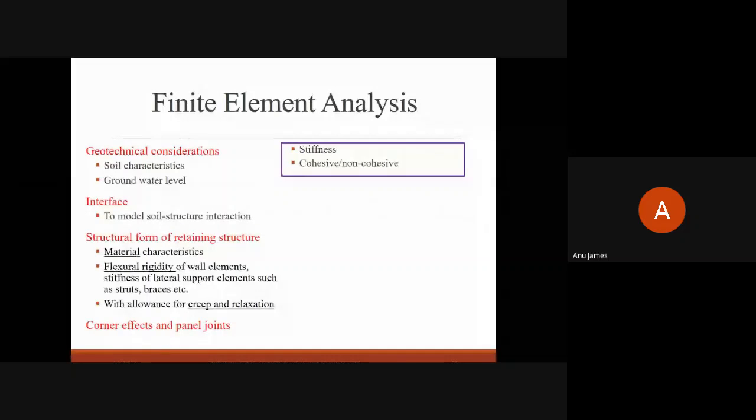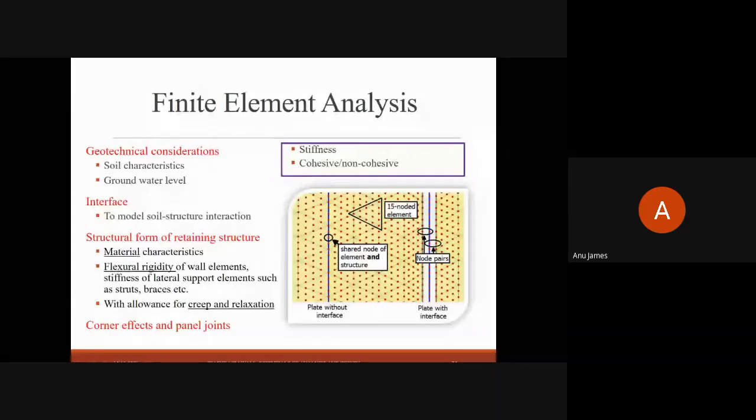Next is the interface creation. This is to model the soil structure interaction. If you are modeling without an interface, it is like the soil and the wall are tied up. No relative movement is permitted between them.